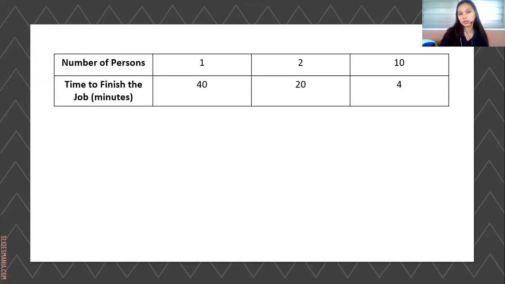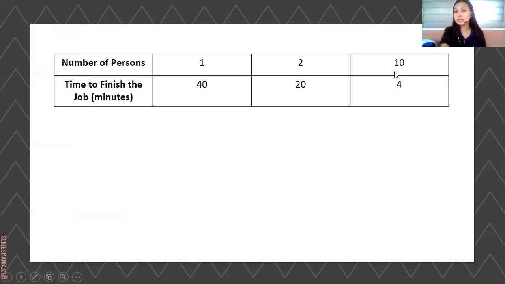Ayan, number of persons and time to finish the job. 'Di ba kapag once na mas marami yung taong gumagawa ng isang task, mas bumibilis yung paggawa. Okay, katulad nito, kung mag-isa ka lang gagawa ng isang task, it will take you 40 minutes to finish that specific task. Pero kung dalawa kayo, it will take you only 20 minutes.